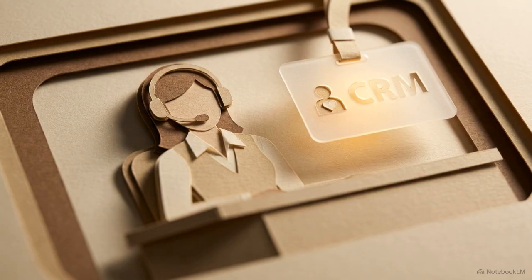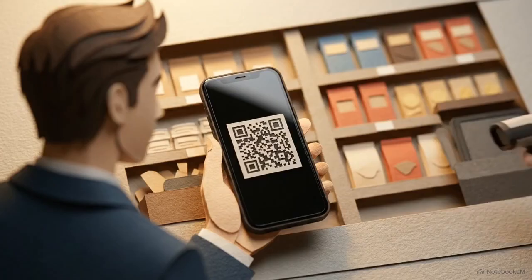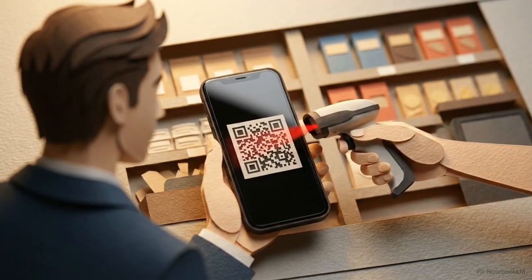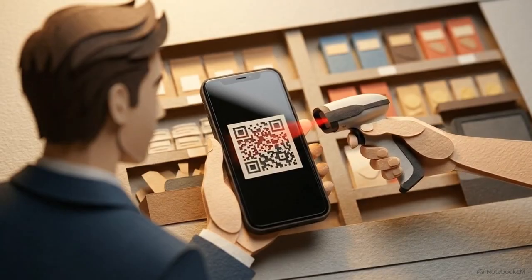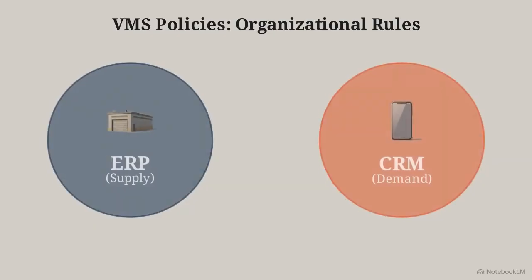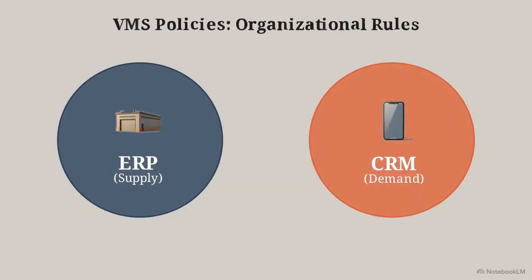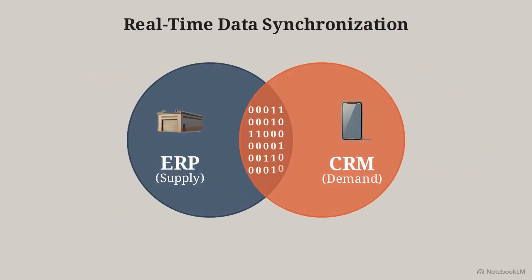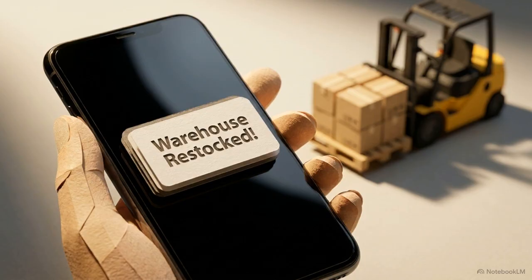To manage the human side, a CRM, or Customer Relationship Management System, tracks buyer behavior. This allows the brand to offer the same loyalty rewards and personalized service whether the customer is online or in person. While VMS policies provide the organizational rules, the ERP and CRM synchronize the actual data. This ensures that a stock update in the warehouse is instantly visible to a customer on their smartphone.